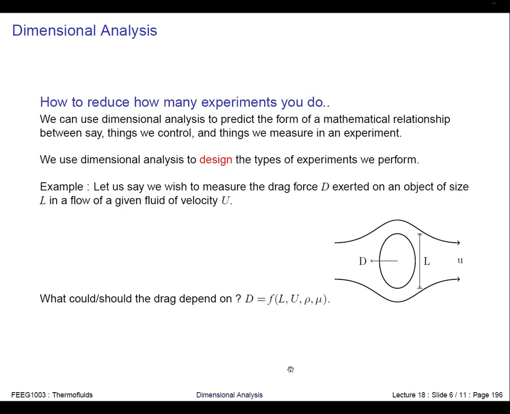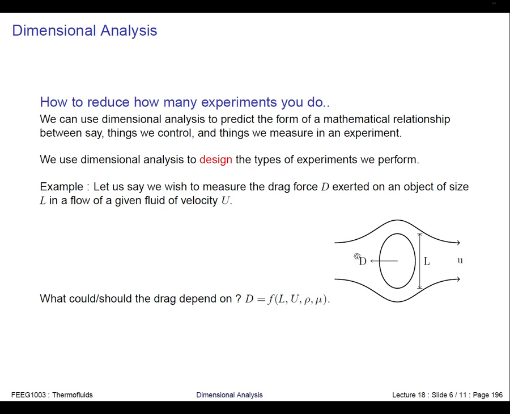So let's say I've got an airship, it's 100 meters long, it's 10 meters wide. I want to work out how big an engine I need to put on it, and to do that I need to work out the drag on the airship. So let's say this thing here is my airship. It has a certain diameter, length scale, which we'll call L, and it's going to go at a certain speed, that's the velocity, and there's going to be a certain amount of drag on it, that's D. It's going to be going through air, which has a particular density and a particular viscosity.